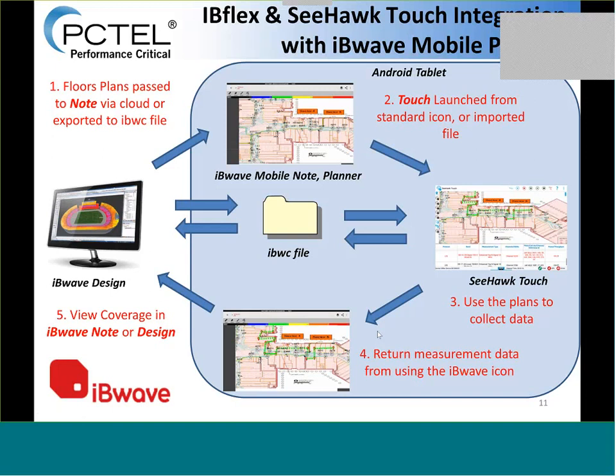Now, in reality, this cycle is done multiple times. So you think of the baseline testing. You might start with your map, your floor plan and design, bring it over to our tool, collect the baseline, and pass it back. And then once they've done some of the design work, you pass that one more time over to the collection tool, and that's where you can do some of the antenna verification testing, uplink, downlink, those types of tests.